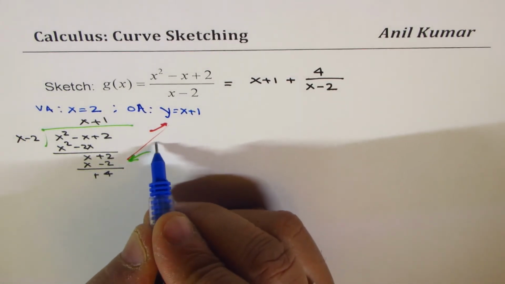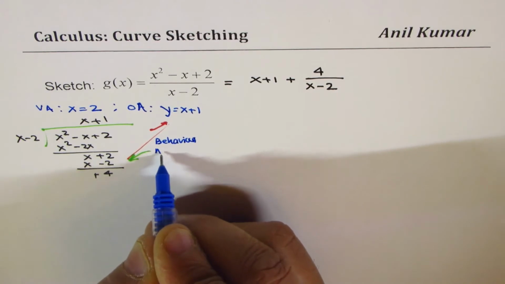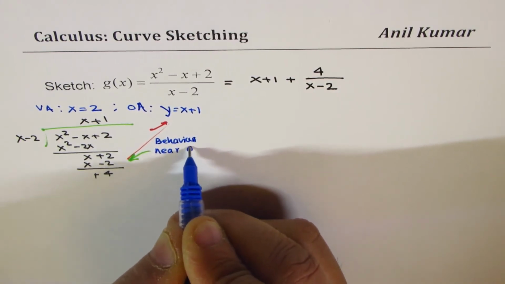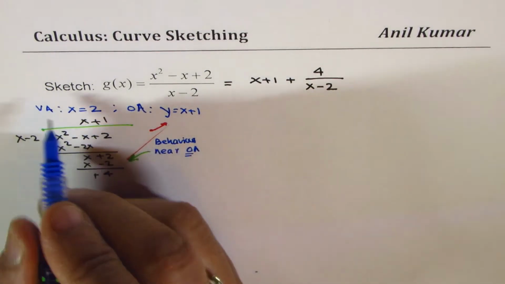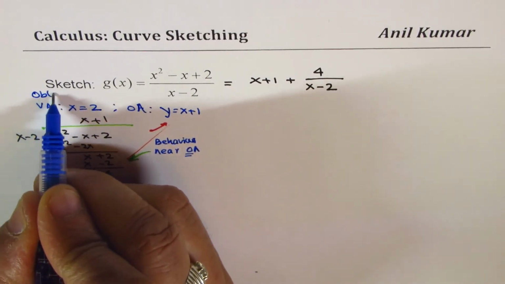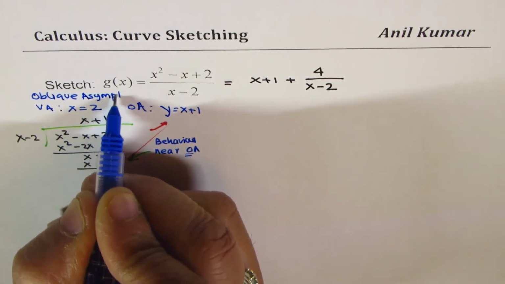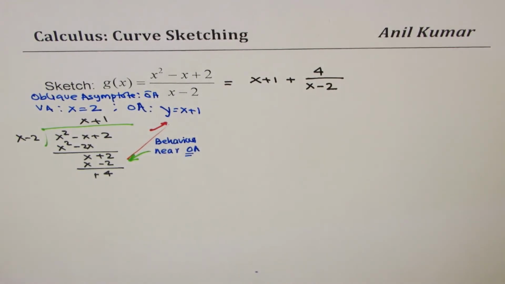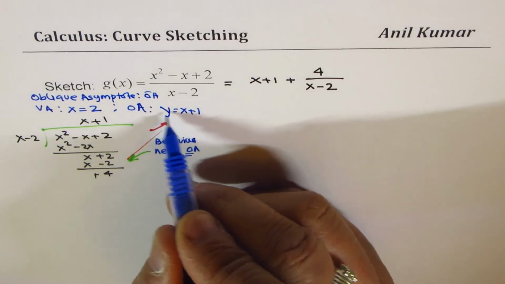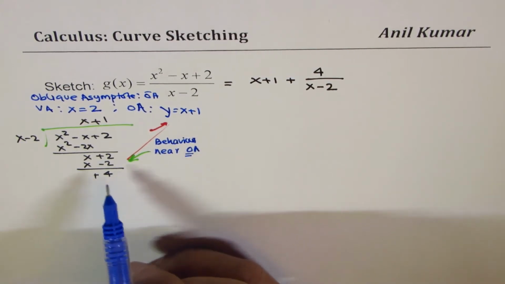So this we are talking about behavior near the oblique asymptote, which I am writing as OA. Is it okay? So oblique asymptote, which is y equals x plus 1 in our case. So I hope this part is absolutely clear.